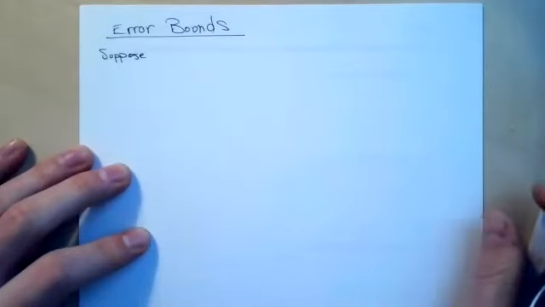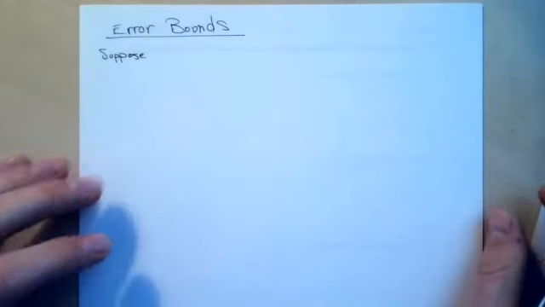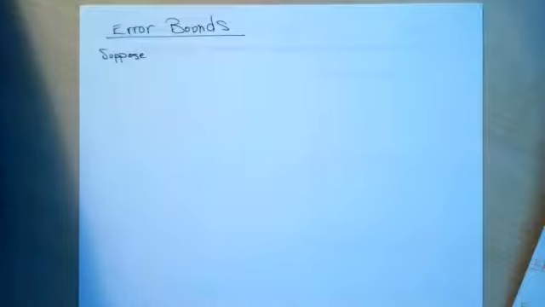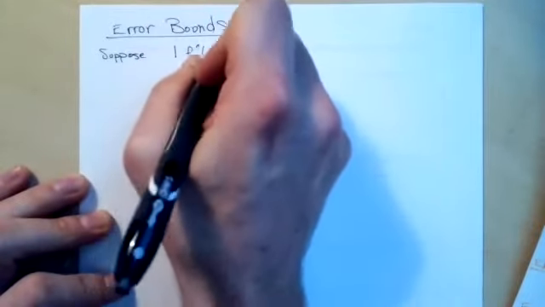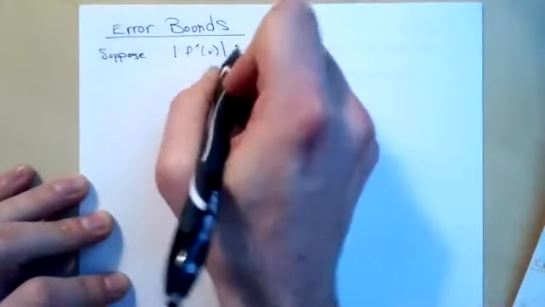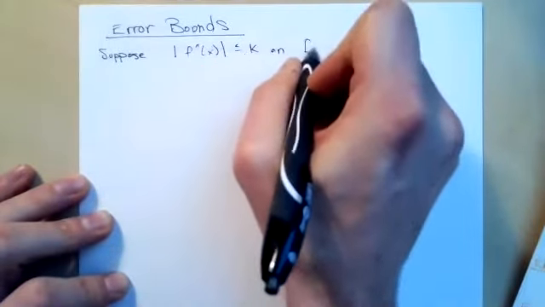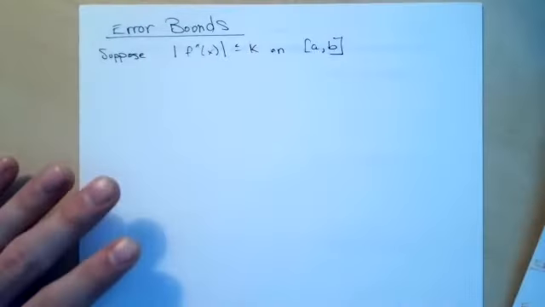So our error bounds, we have, suppose that the derivative, and we need the, I think, third derivative? No, second derivative. So suppose that the second derivative is bounded by a constant on some interval, the interval we want to approximate.